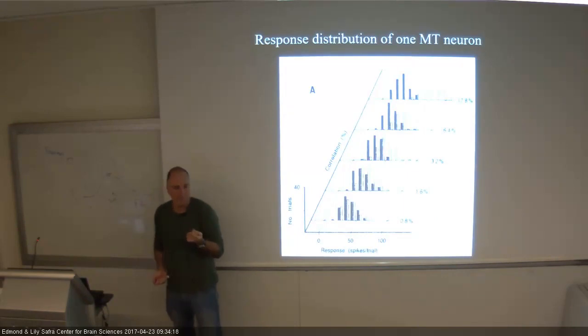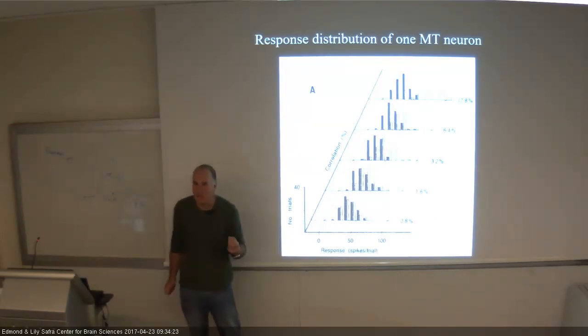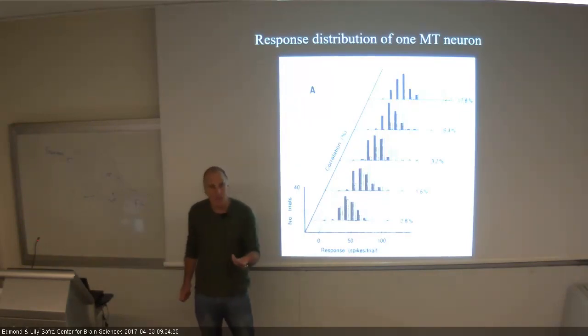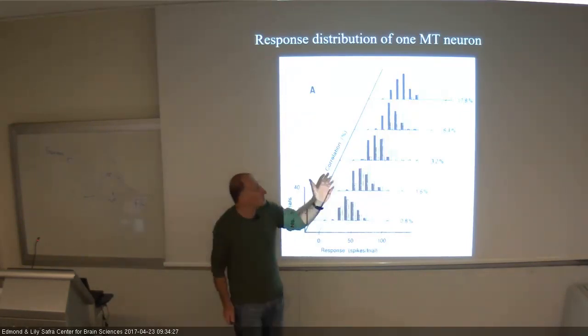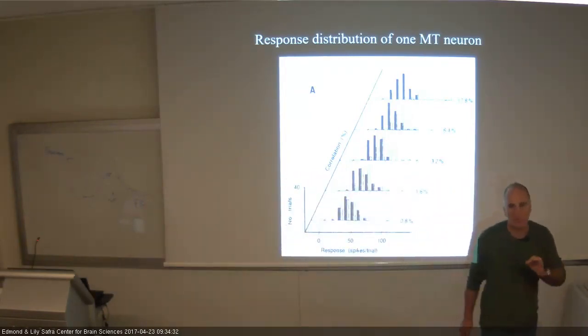Now we want to basically reduce that noise. So how can we do this? Well, one way to do this is through averaging. Let's think that you have exactly the same neurons, many replications of the same neuron.